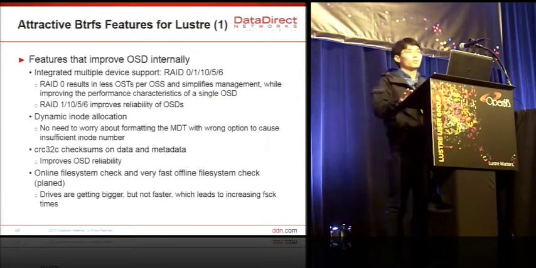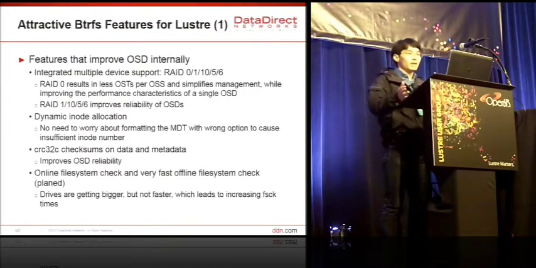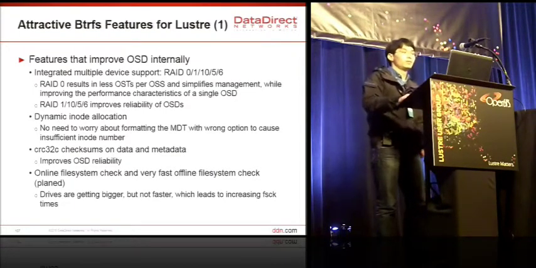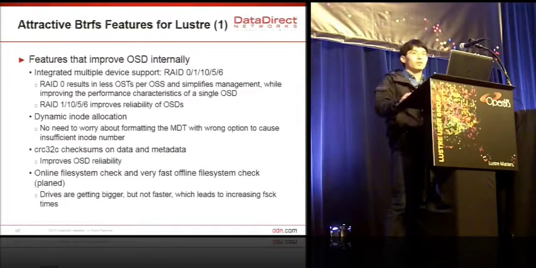We can use RAID 0 to generate fewer OSDs on each OSS and get better performance from a single OSD. And we can use maybe RAID 1 or other RAID levels to improve the reliability of the OSD.